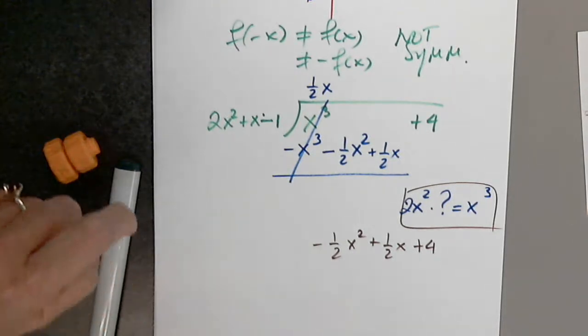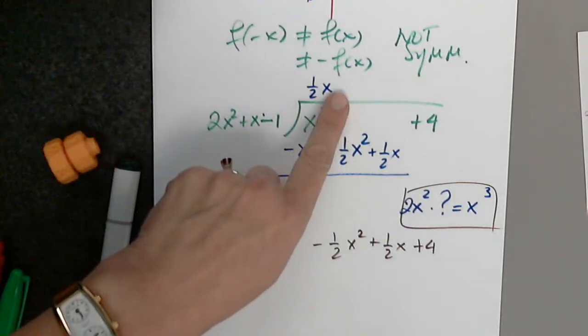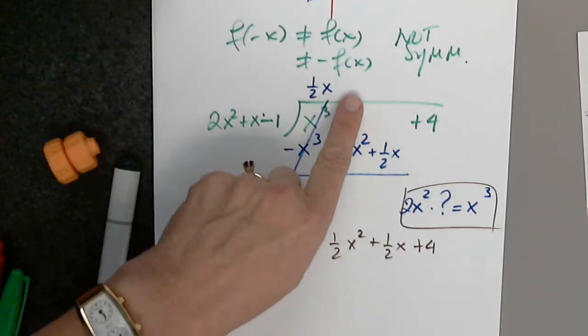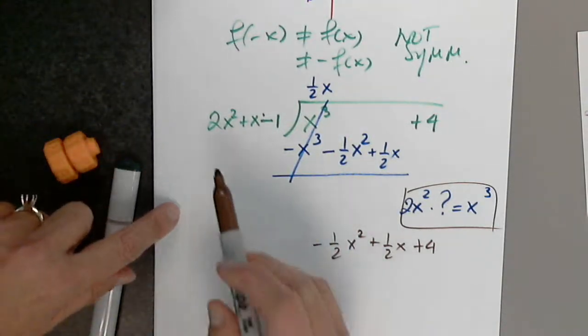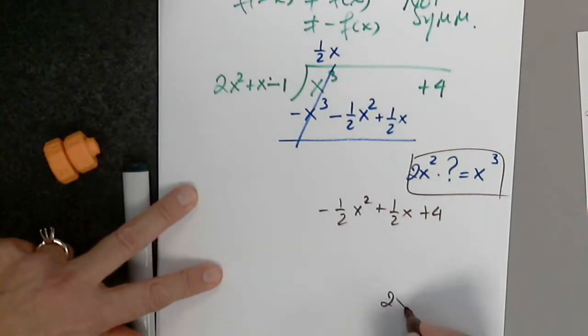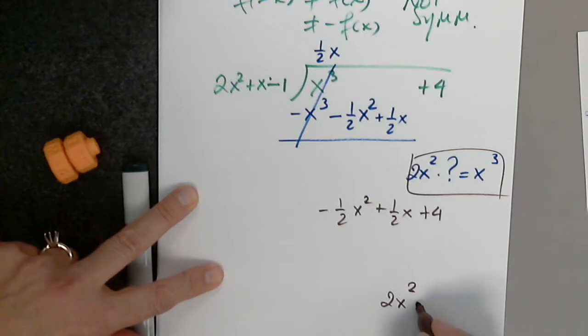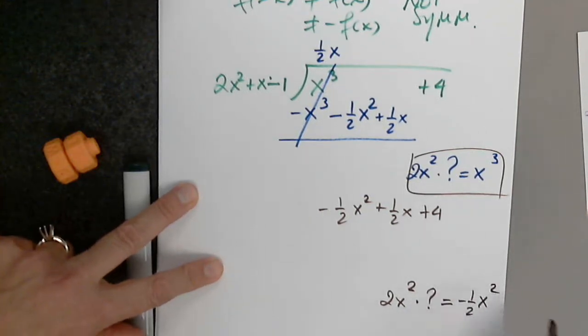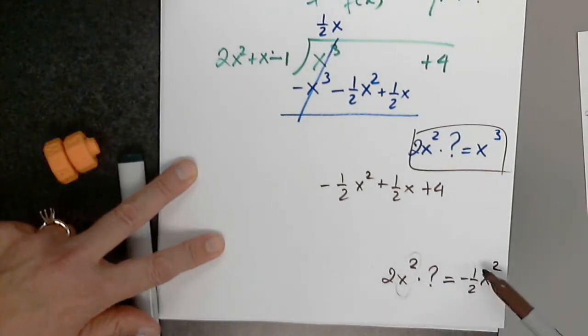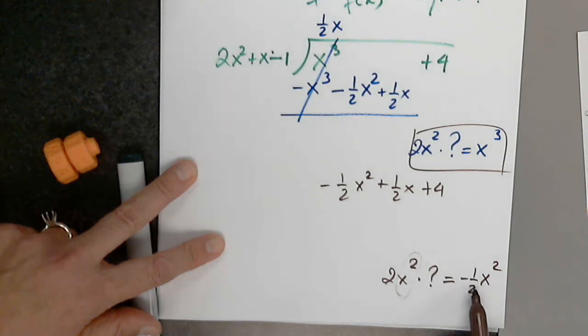Final question. It must be the final question. I cannot have anything else here. Just a term with x and a free term. That's it. 2x squared times what equals negative 1/2 x squared? So this is okay. It's right here. What would I multiply 2 by to get negative 1/2?